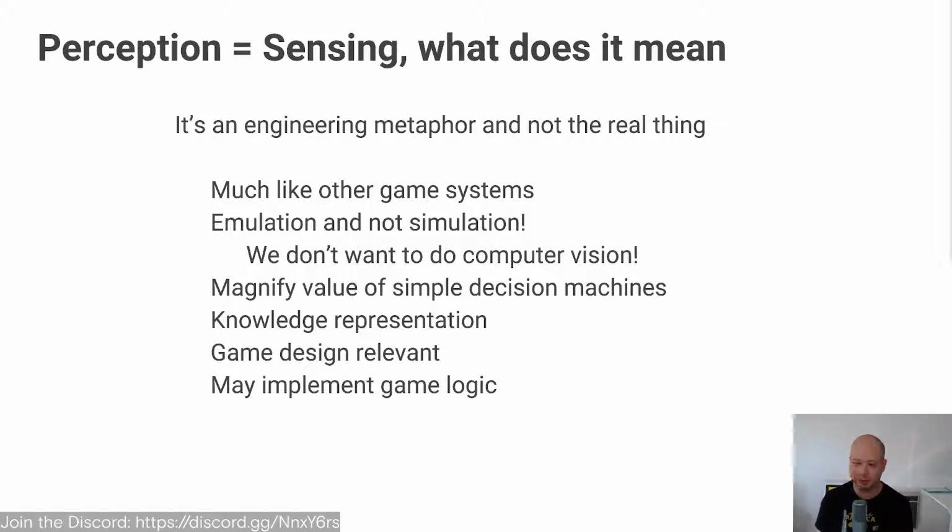It's an emulation, not a simulation. This slide mentions computer vision, but I even just told you computer vision is a gross emulation of what is actually happening. So we're trying to do a little bit more than just simple decision machines. We're trying to magnify its value, trying to represent knowledge in some way that is useful and interpretable.